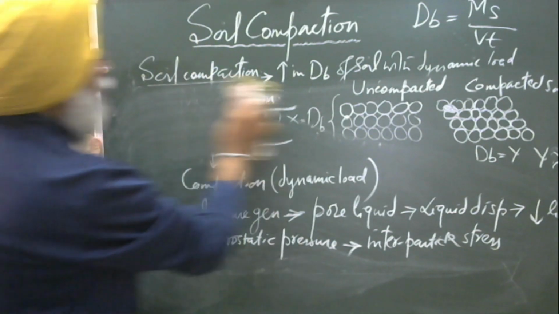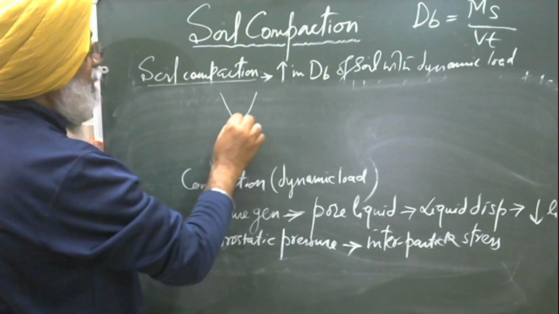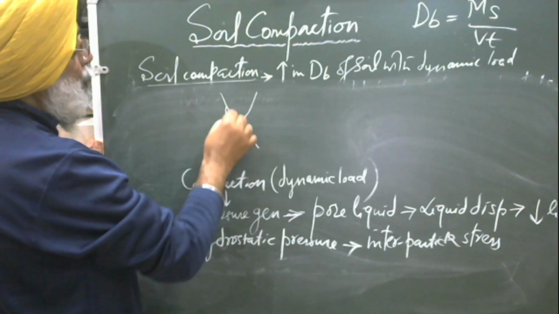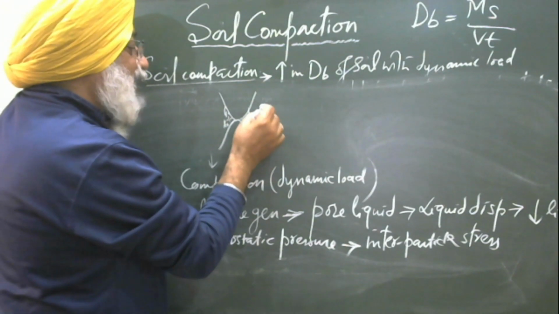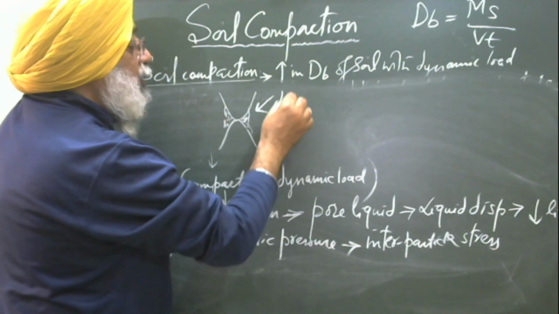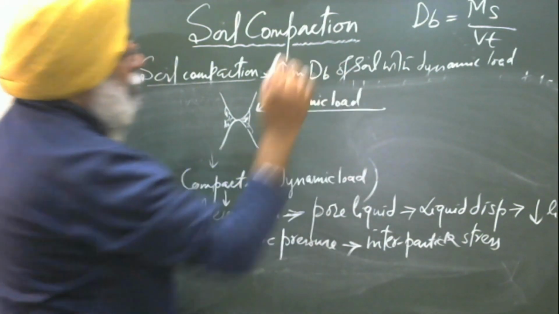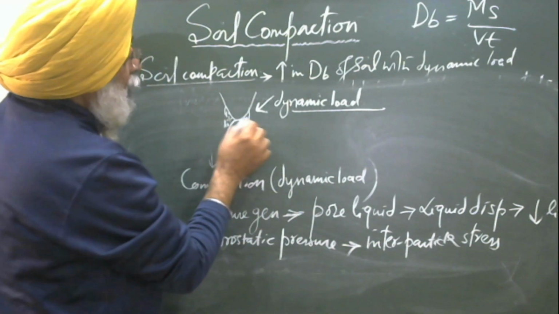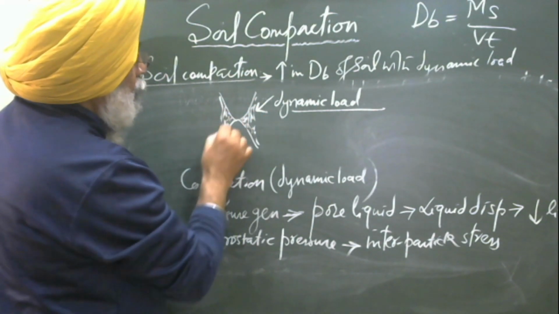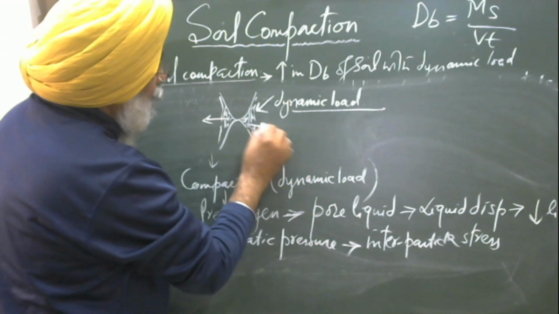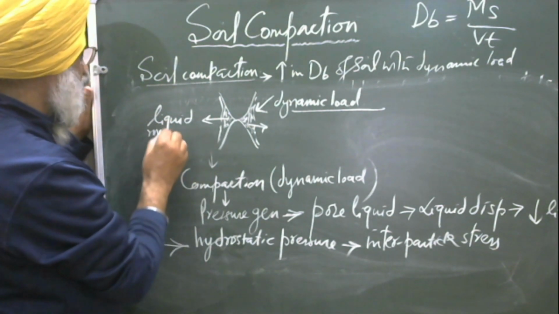let me explain it with the help of a diagram. Say you have water over here. When you are applying pressure, say a dynamic load, what happens first is that because it's a saturated soil and this is all filled with water, some of the liquid will get displaced, moving out.